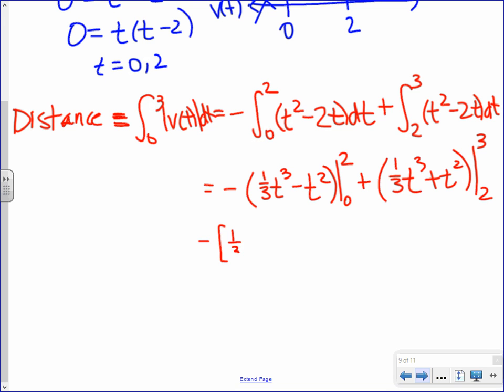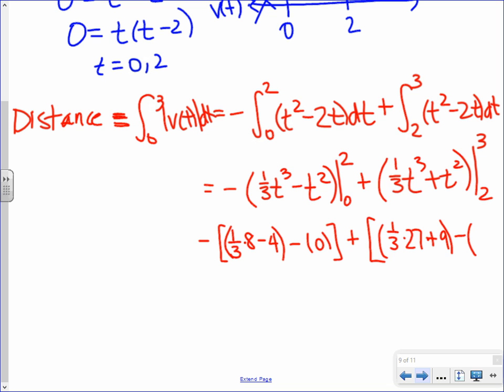We have 1/3 times 8 minus 4, and then minus 0, right? Plus 1/3 times 27 plus 9 minus the 1/3 times 8 plus 4.